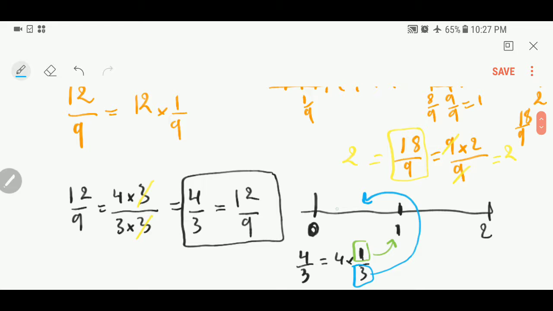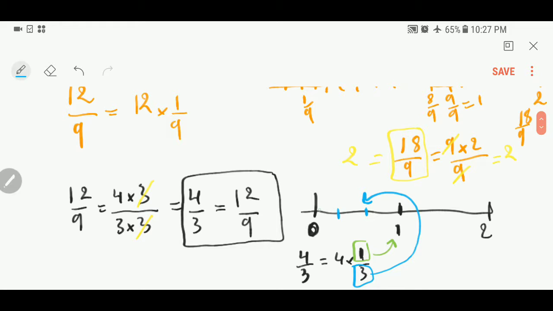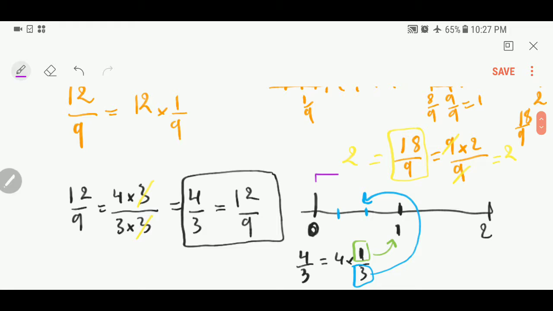So 3, you cut in 3 sections. 1 represents this one. So 1 is this. That means this one section, you cut it into 3 pieces.